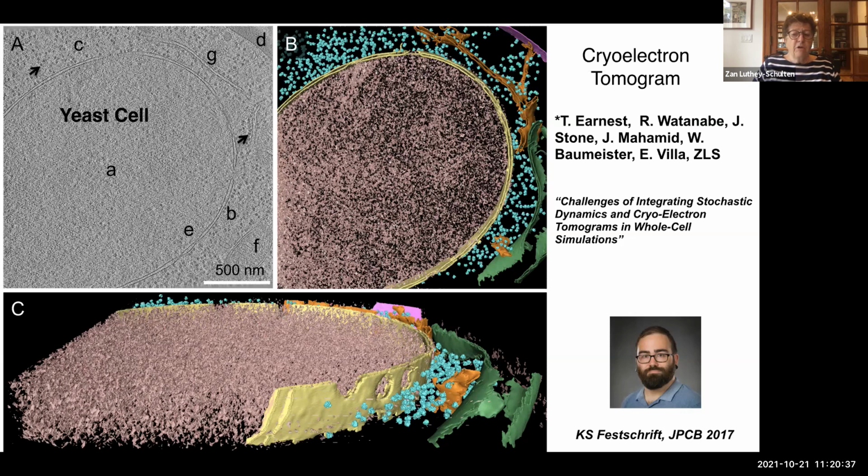At one time, Julia and Elizabeth were both group leaders in Wolfgang Baumeister's lab. They now have independent positions. Elizabeth's at UCSD and Julia's in Heidelberg at the EMBL.